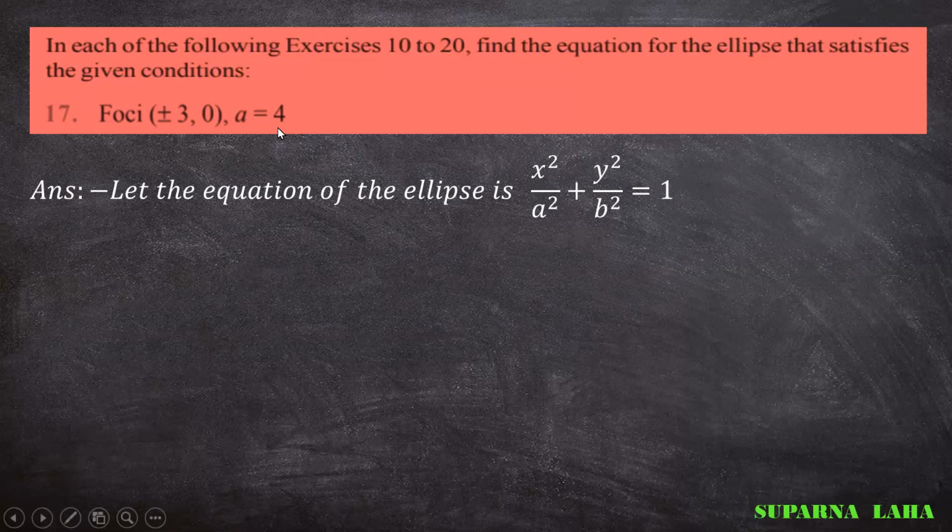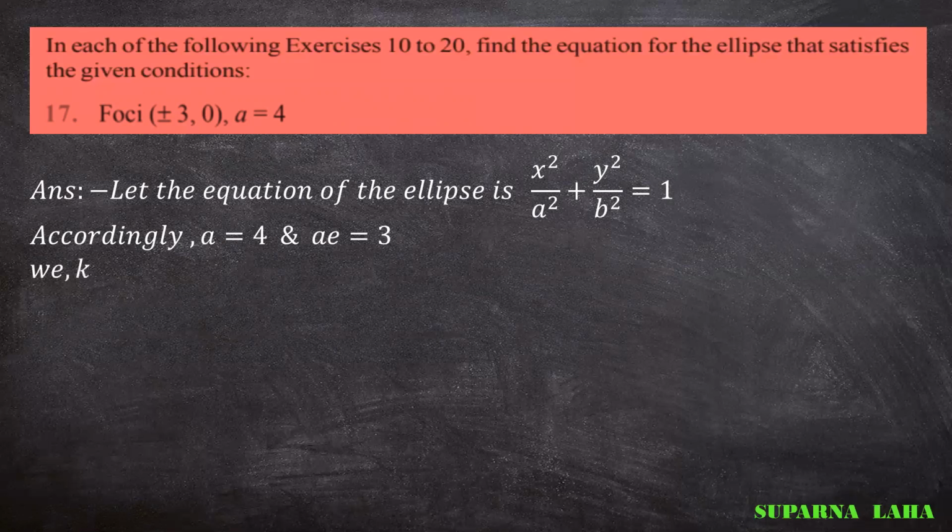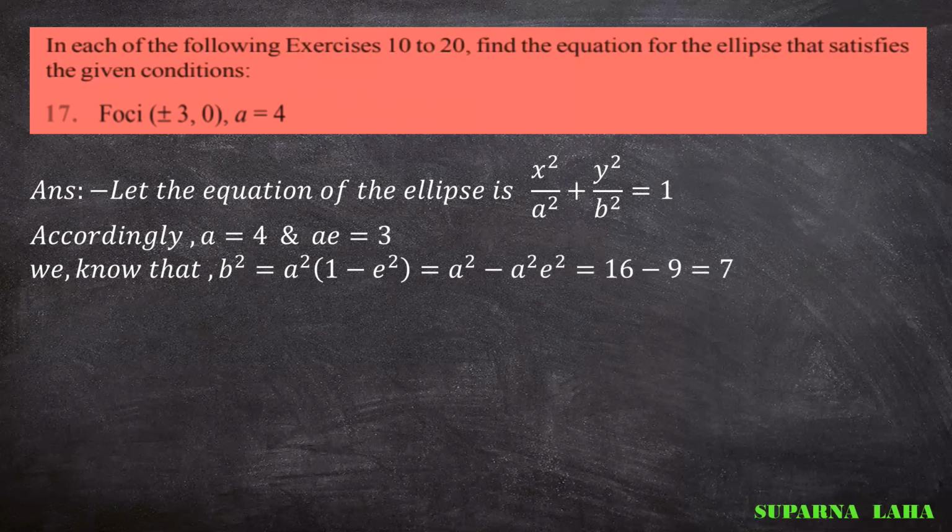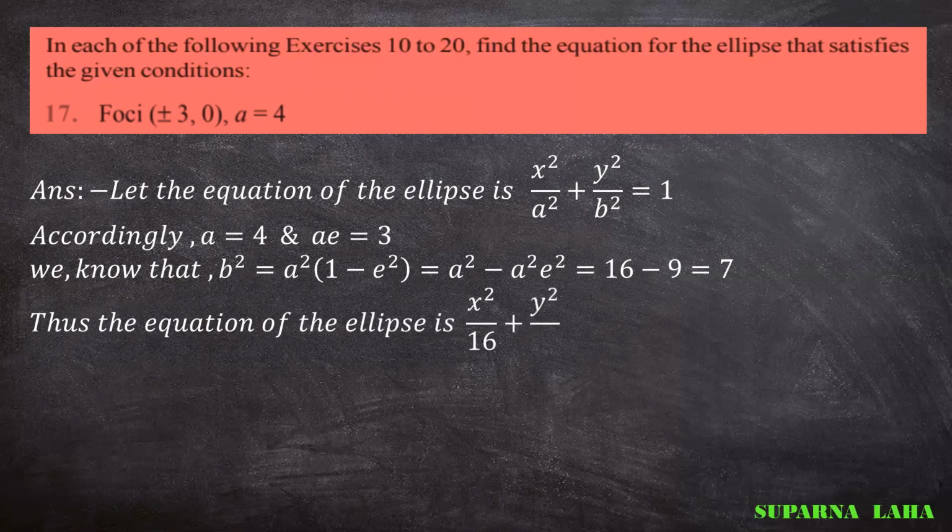Now a is given as 4 and the foci are plus minus 3, 0, so that means a is 4 and ae is 3. Now if we have the values of a and ae, we can easily find the value of b. So b square is 7. So the equation in that case is x square by 16 plus y square by 7 equals 1.